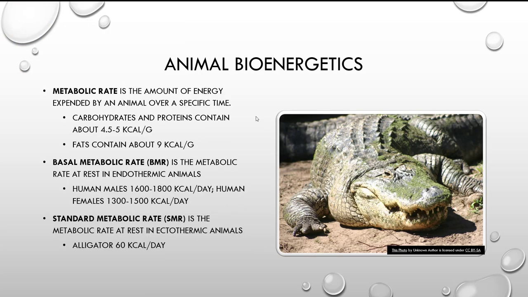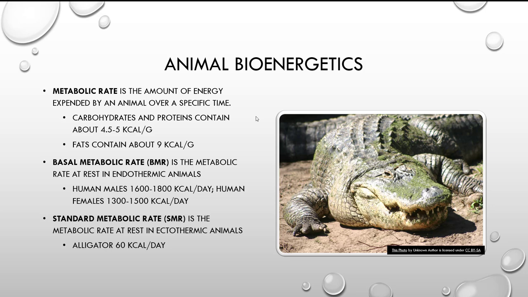Now, there's some trade-offs with the different life strategies. If we take a look at our metabolic rates, the metabolic rate is the amount of energy expended by an animal over a specific time. We can calculate that by looking at what type of nutrients are in our foods.